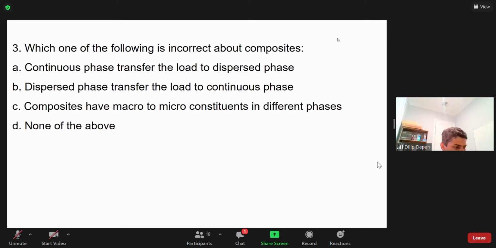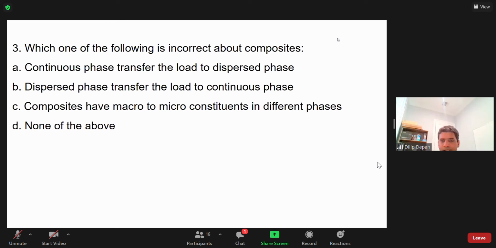Composites have two phases, right? One is the continuous phase, which is the matrix, and then we have a reinforcement or a dispersed phase. The continuous phase tries to house and protect this reinforcement, these particles or fillers, and then transfers the load to the dispersed phase.